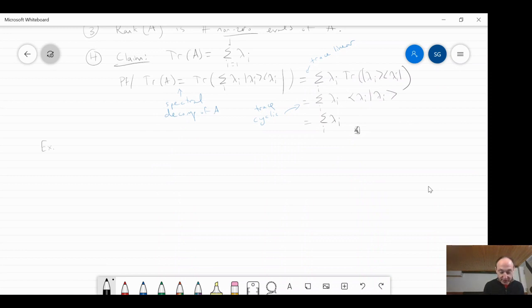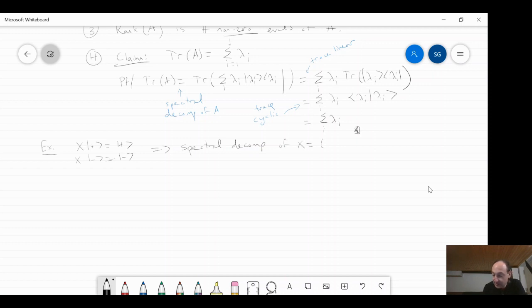Now, quick exercise, sanity check. Remember that I already wrote down the eigenvectors and the eigenvalues of X. And now let's just write down the spectral decomposition using that. So recall we said that if I do X times the plus state, I get the plus state. If I do X times the minus state, I get the minus state. And therefore, let's just plug in the definition of the spectral decomposition. X is what?